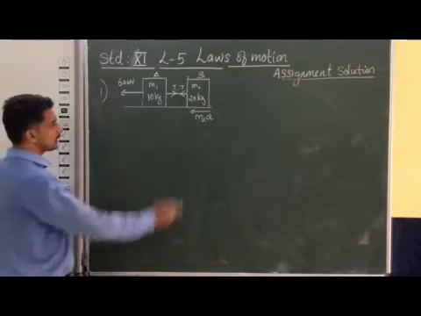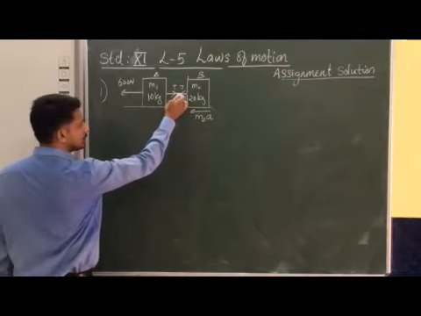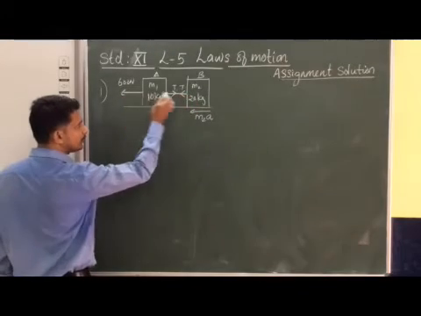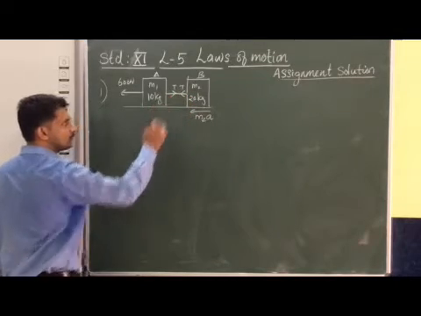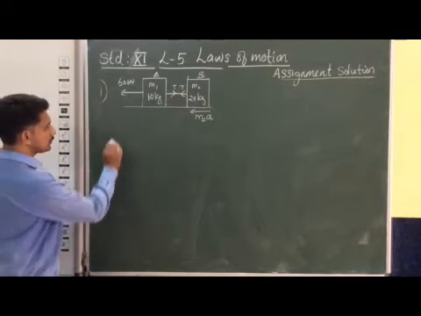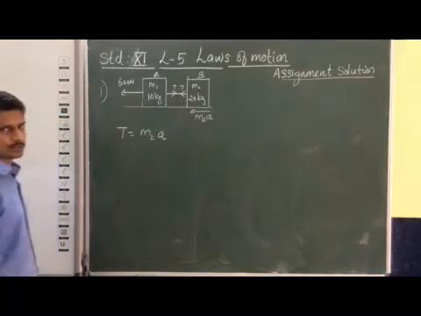Yes or no? So in this case we can consider this tension. That means this block starts moving. The only force acting on this second block is due to this tension. So tension is equal to M2A in that case.